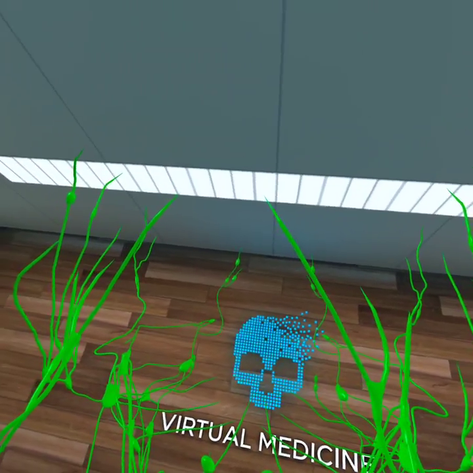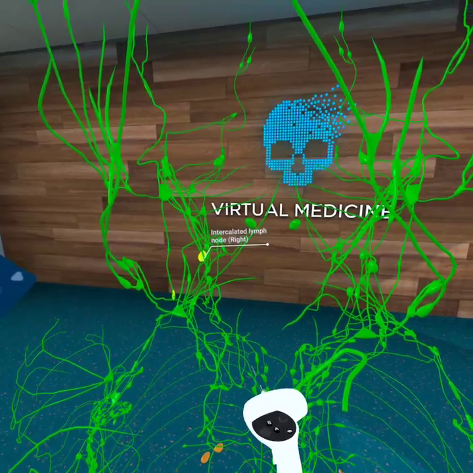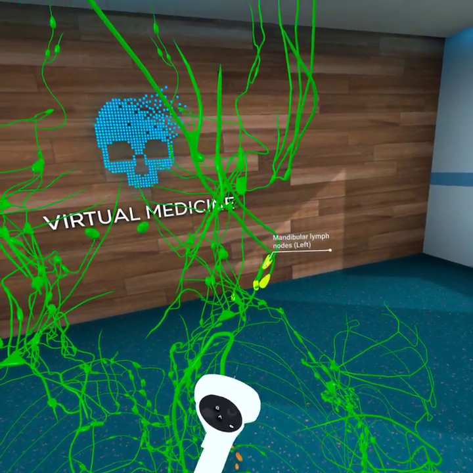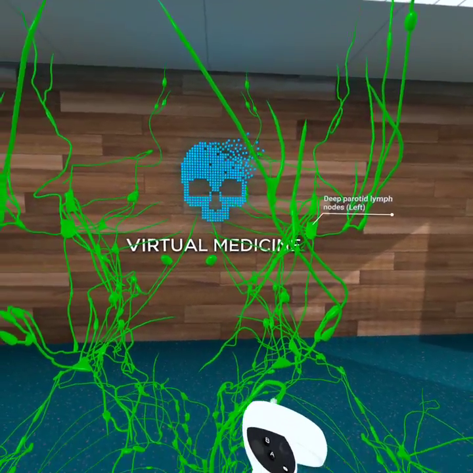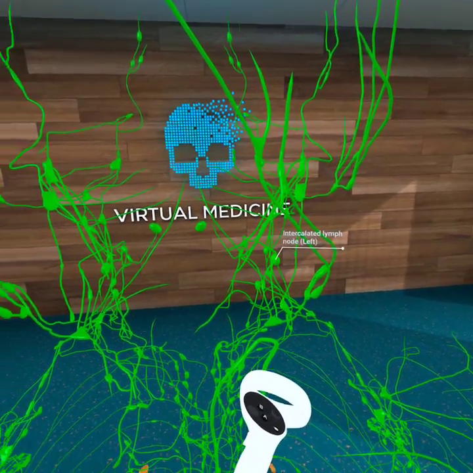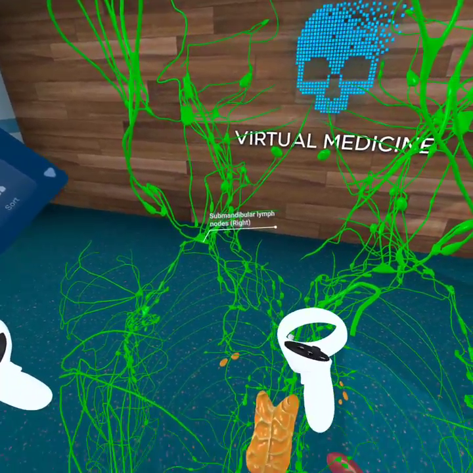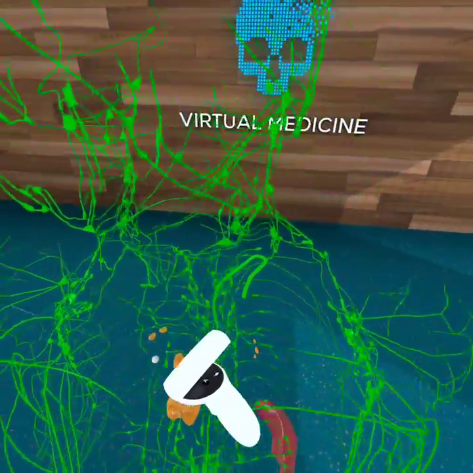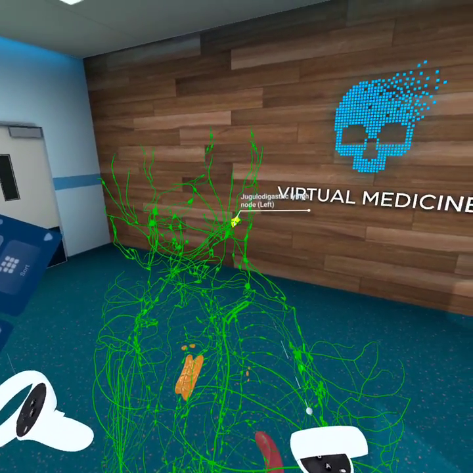Now, what we need to find is our jugular-digastric, and it looked like it was on the outside. Yeah, maybe that one. That's the deep parotid jugular-digastric. Yep, there we go.